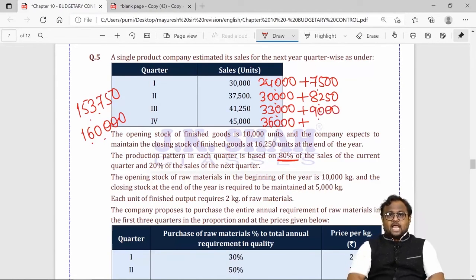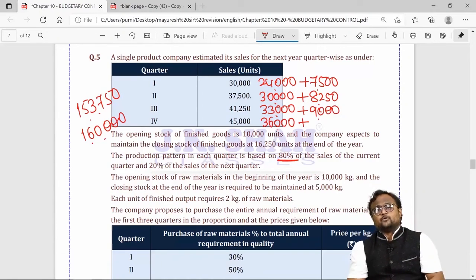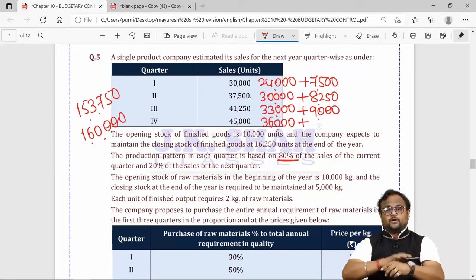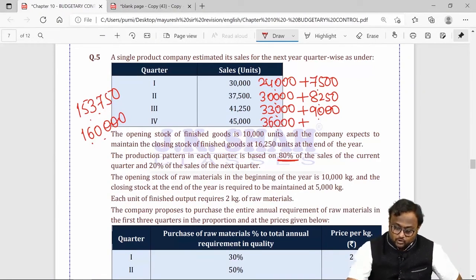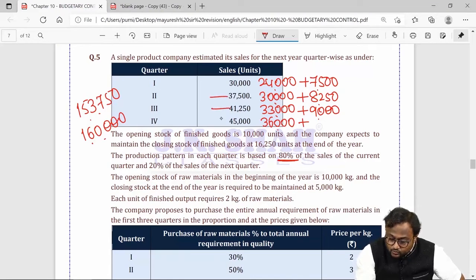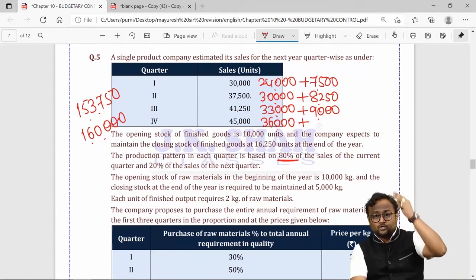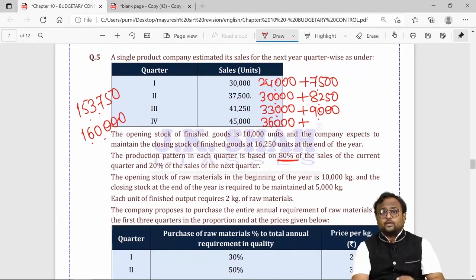You understood this? 80% of current sales will be produced in the same quarter. 20% of next quarter will be produced as well in the current quarter. So 20% of quarter 2, quarter 3, quarter 4 will be produced in quarter 1, quarter 2, quarter 3.